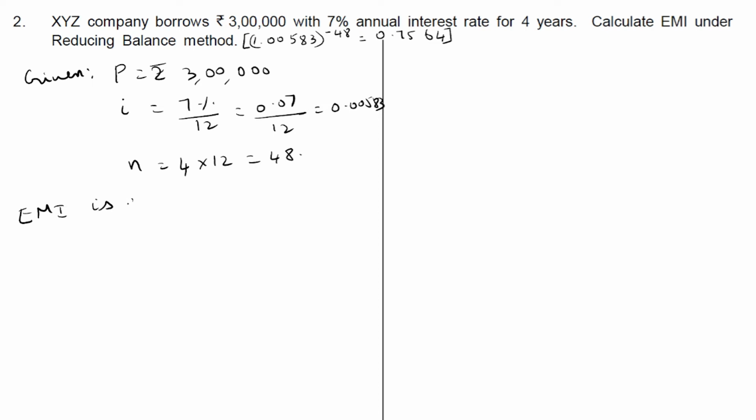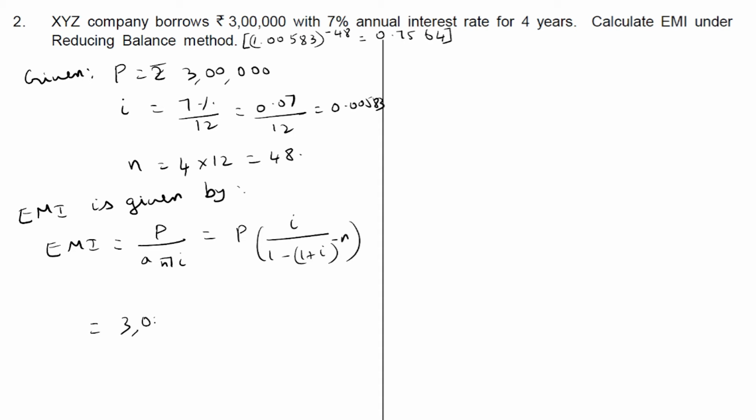EMI is equal to P upon present value annuity factor for n number of periods and I rate per period. It is equal to P into I upon 1 minus 1 plus I the whole raised to minus n.